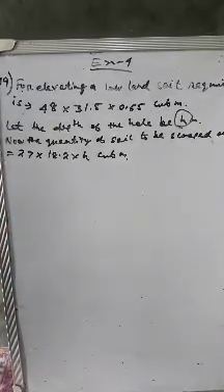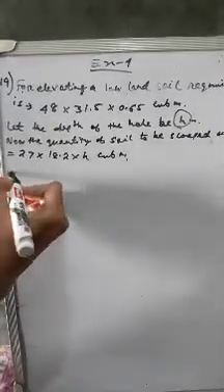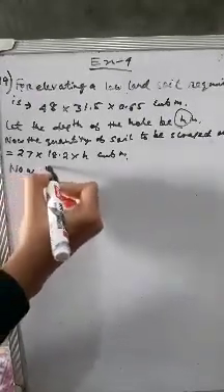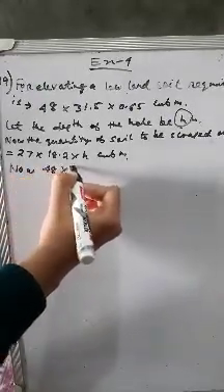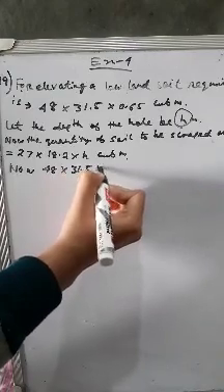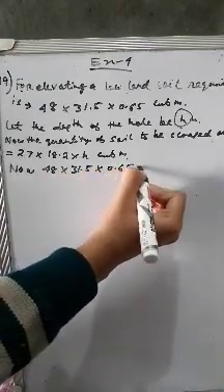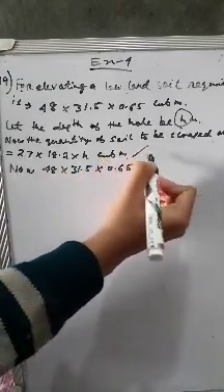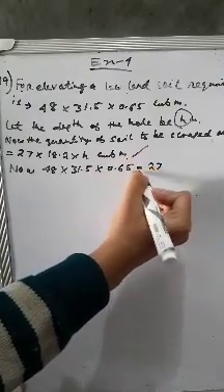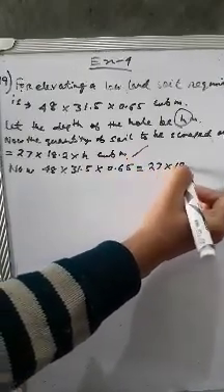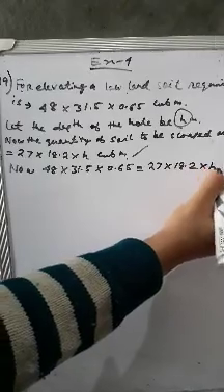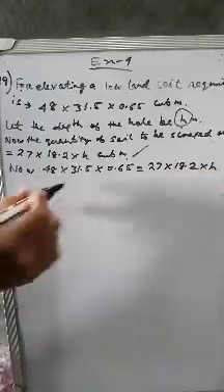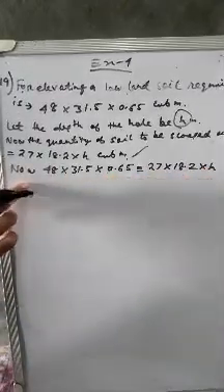So by the problem we can write now, 48 into 31.5 into 0.65 equals this volume part, that means 27 into 18.2 into h, isn't it? This is the final equation of the sum.